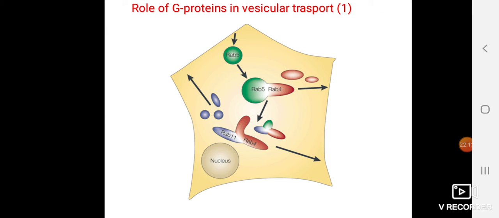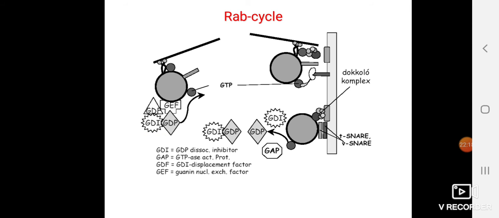You can see these are different RABs playing a role at different destinations. It's the RAB cycle, as we call it, how the RAB gets activated and inactivated, which facilitates the fusion and docking of the vesicles.